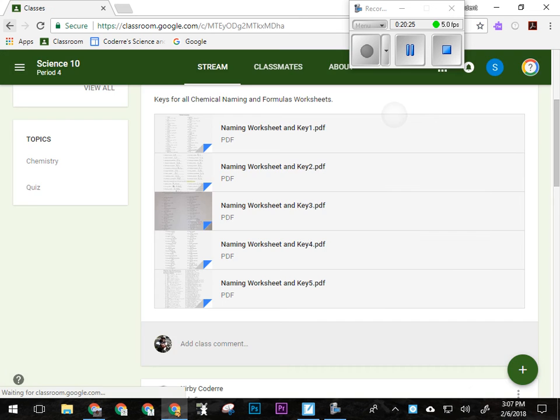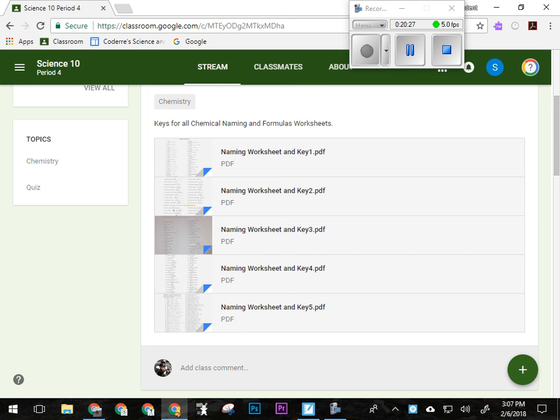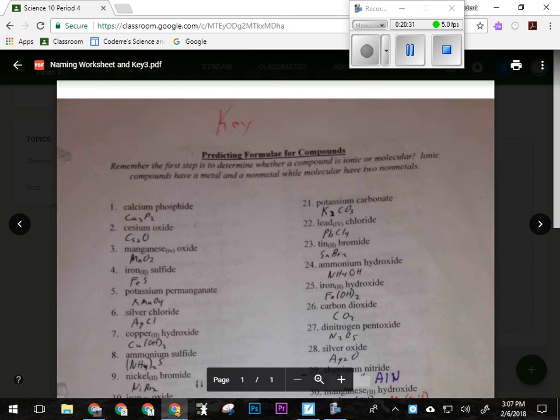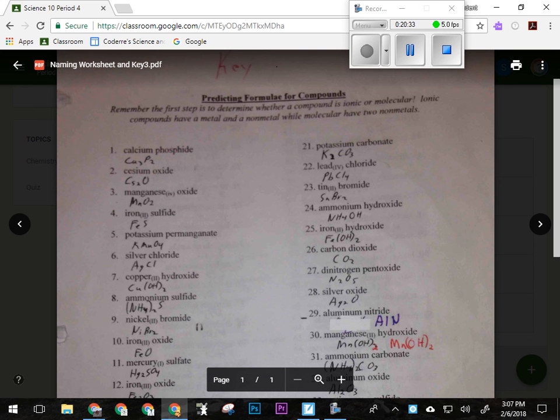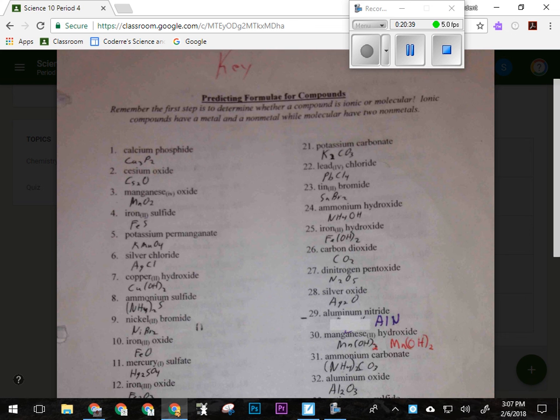So it's 3? Oh, it's really blurry, but it's because I took a picture of it with my phone. You can see the answers are on there, and I'm pretty sure I fixed all the mistakes. So you can check as you go and see if you're doing them right or not. Just call that up on your phone.